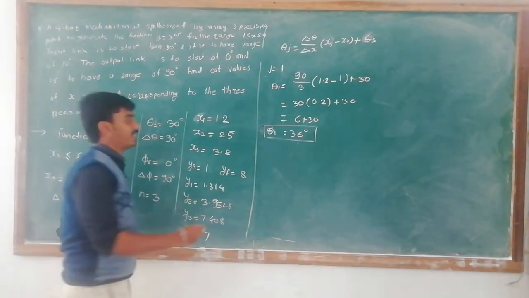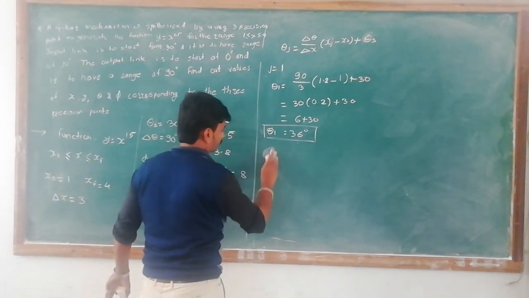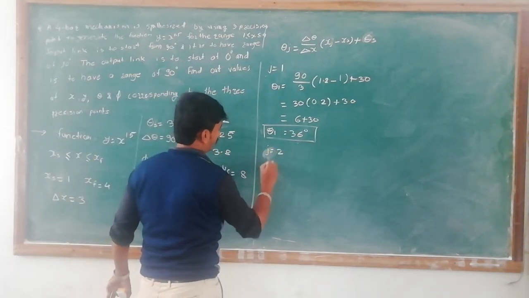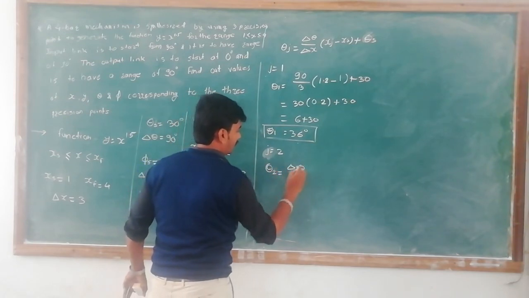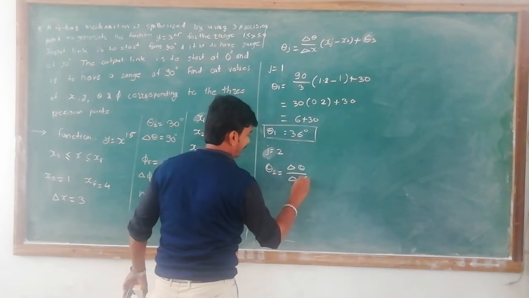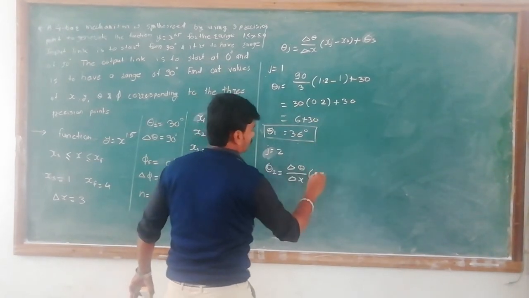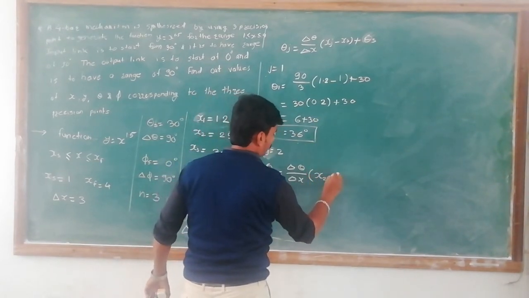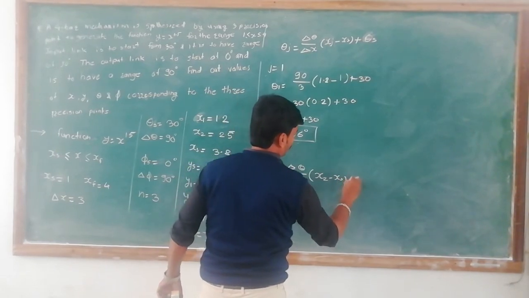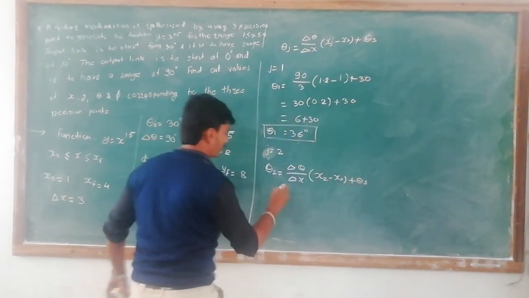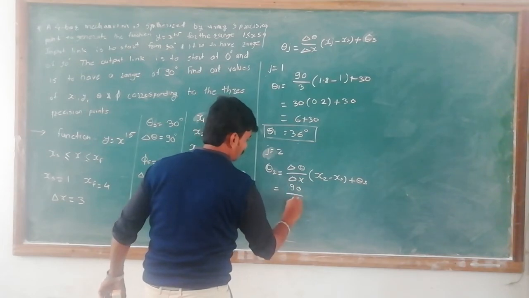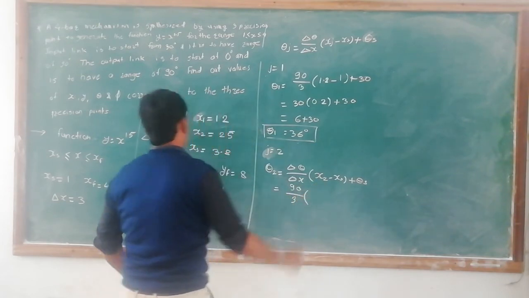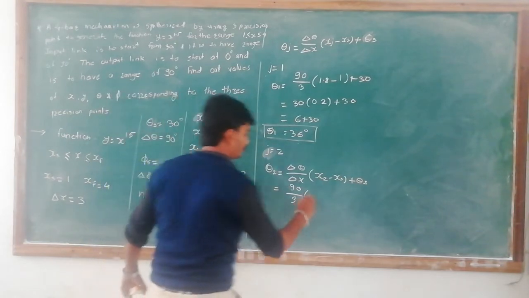So now theta 2, j is equal to 2. Theta 2 is equal to delta theta divided by delta x into (x2 minus x starting) plus theta starting. Delta theta is equal to 90, delta x is equal to 3, and x2 is equal to 2.5.